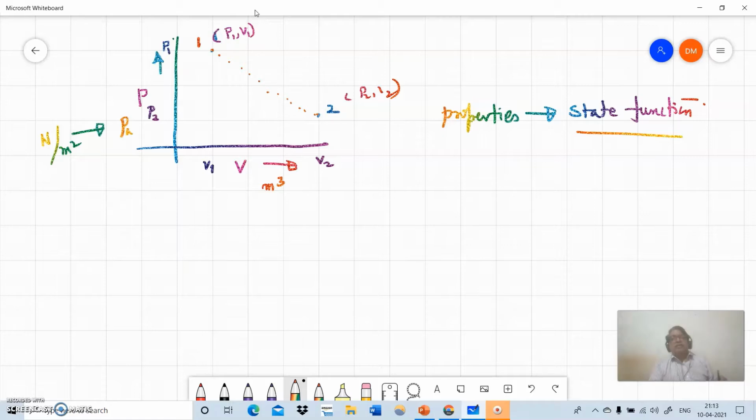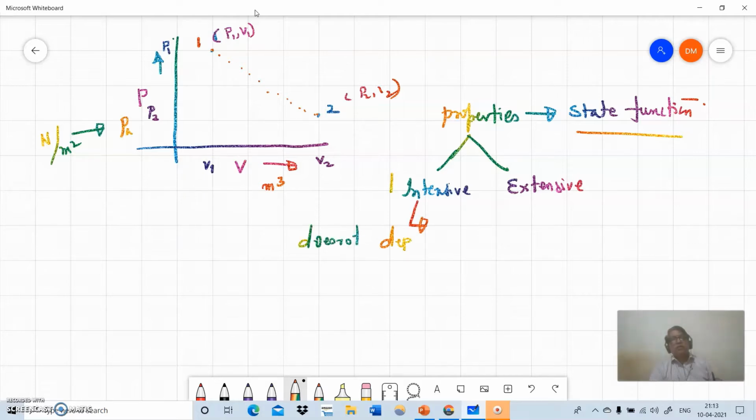So as I said, in properties there are two things. One is the intensive property and the other one is the extensive property. Intensive properties are the ones which do not depend upon mass.